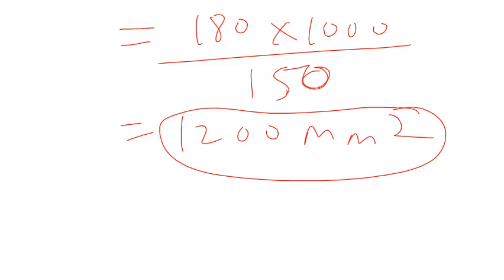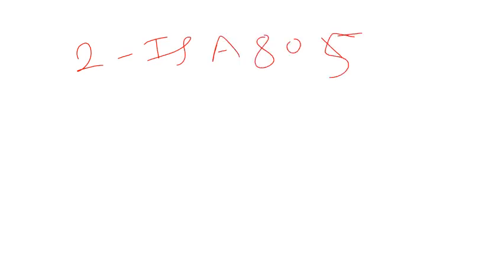Our job is now to choose the angles, two angles particularly, whose area will be 20 to 40% more than this value. You can choose anything. Here I am choosing two ISA 80 by 50, and thickness is 6 mm.